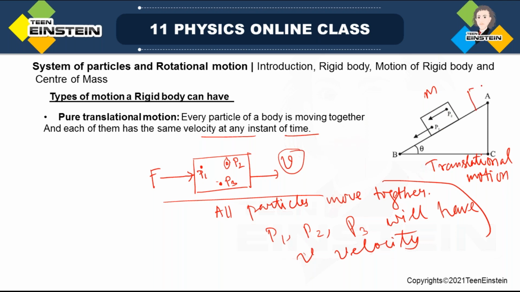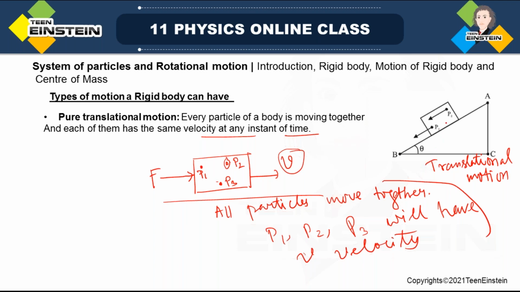Initially it was at the top here somewhere, and then it is sliding down the inclined plane. At some instant of time, the position of the sliding block is what you see.